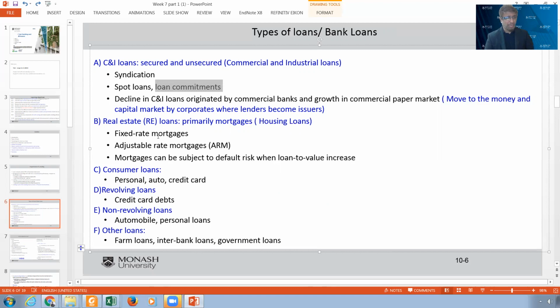Now, because of the improvements and development of the financial systems, there has been a decline in commercial and industrial loans. Companies now don't go and take loans from the banks, but they go to the market and borrow from the market.